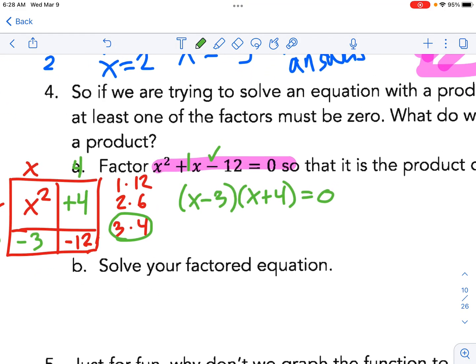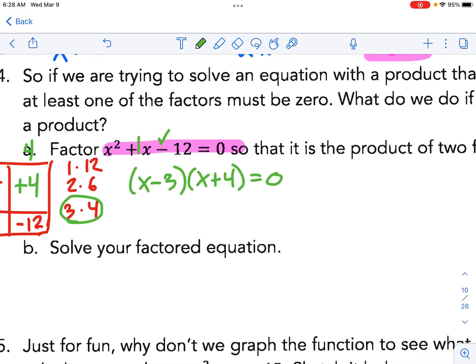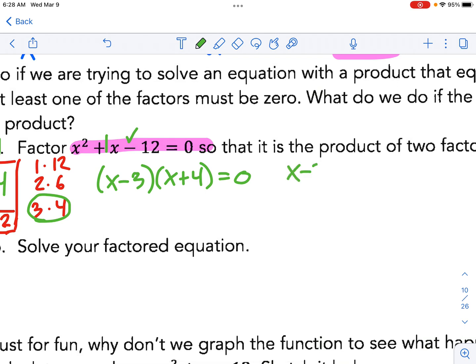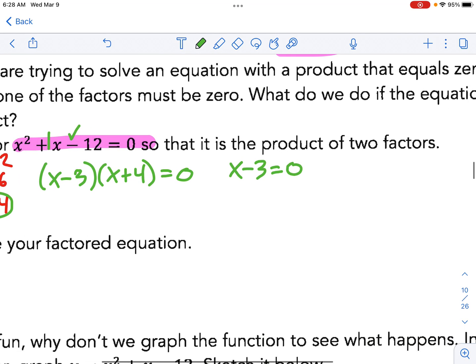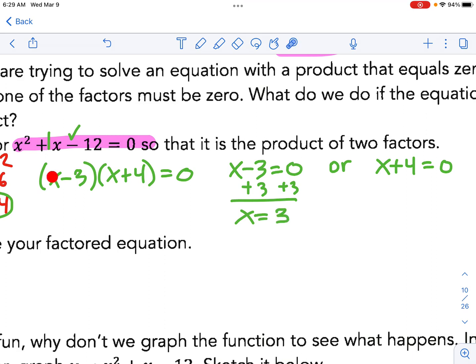So the way we set this up as a process is we say x minus 3 could be where the 0 is, or x plus 4 could be where the 0 is. When we add 3 to both sides, we get a solution of x equals 3. When x is equal to 3, 3 minus 3 is 0. And when we solve this expression, we get x equals negative 4.